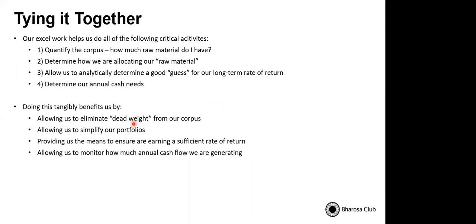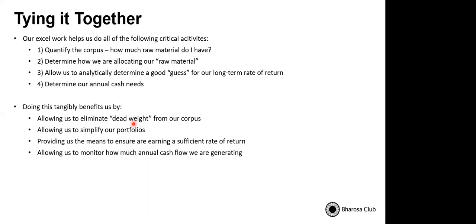So tying it all together, we've covered a lot in terms of the Excel work and the principles. So what basically can we take away from all of this? So the corpus, again, you can think of it as your raw material. How much fuel do I have to pump into the fire? How well I use that fuel is around how well you manage the corpus.